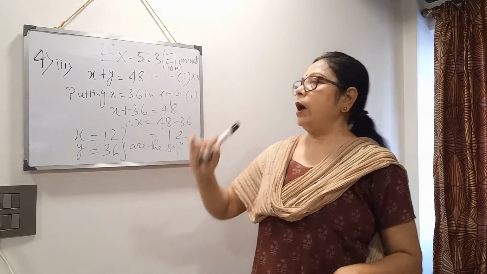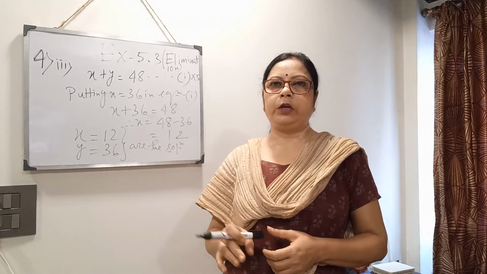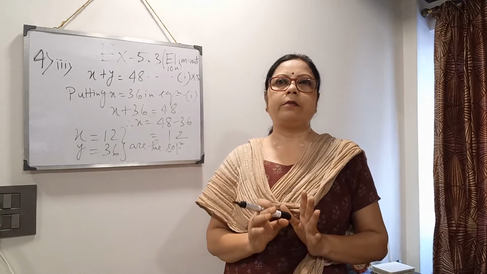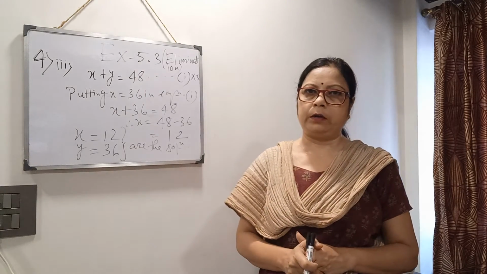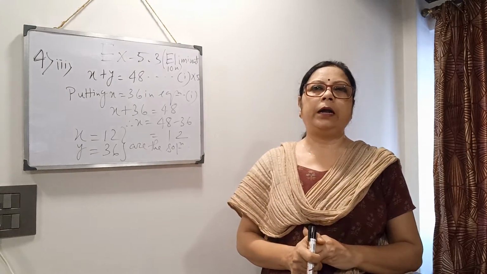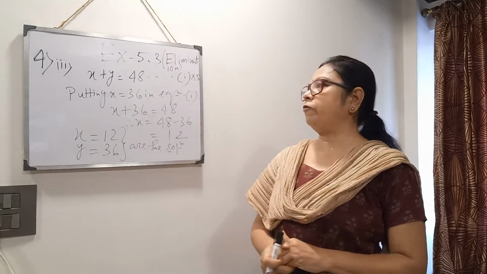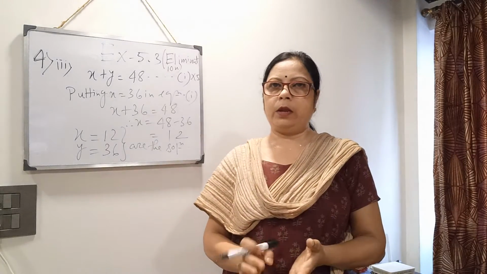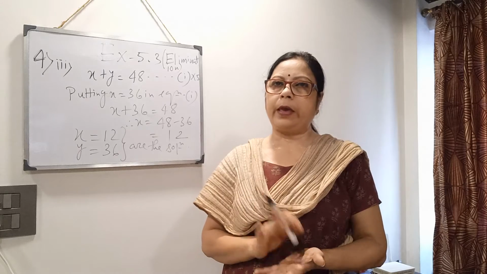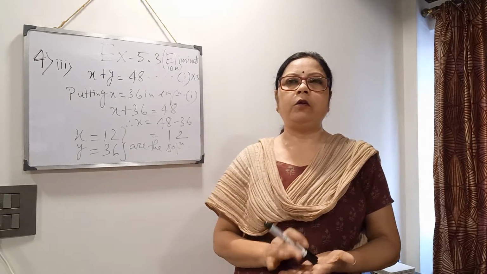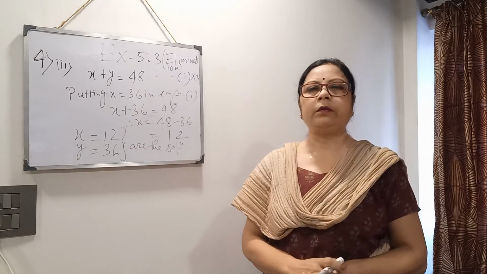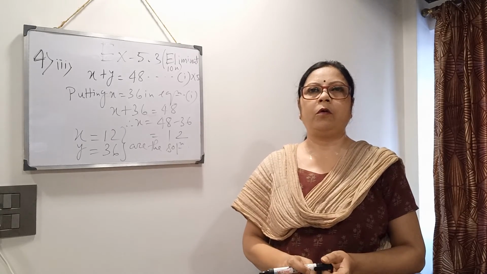Clear? So I made the coefficient of y the same in both the equations. Then after that I added. Then y is eliminated, so first I got the value of x. Then by putting that value of x in any one of the equations, I got the value of y.